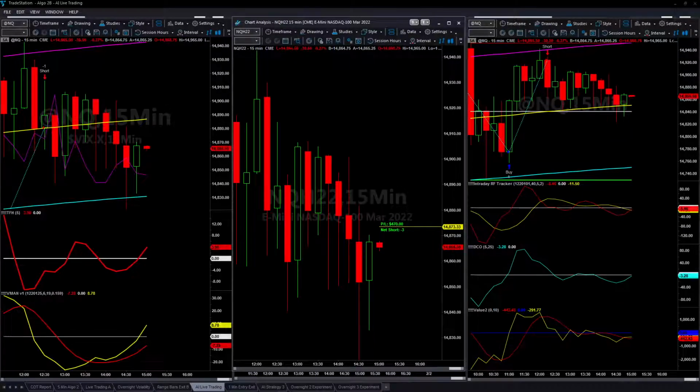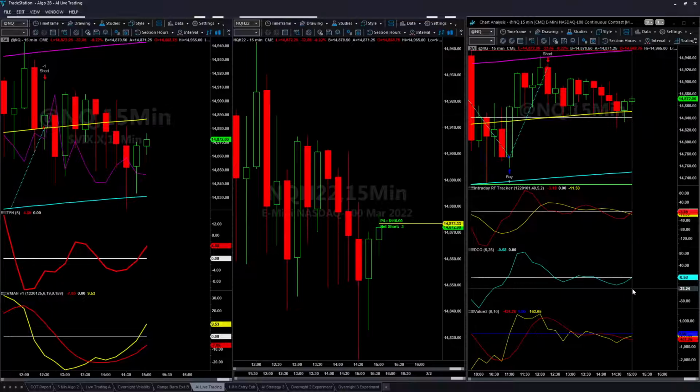Well, what do you know, no signal yet. Right here. All right. Next bar, in the next 15 minutes, you will get a signal right here on this. But it does look like the trade is kind of fizzling out a little bit right there.